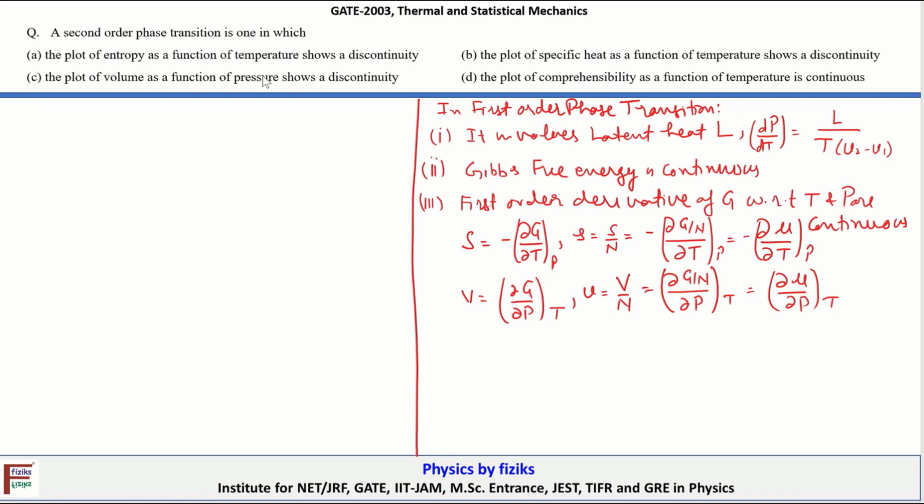So this is also continuous. Both of these two quantities are continuous at phase transition.